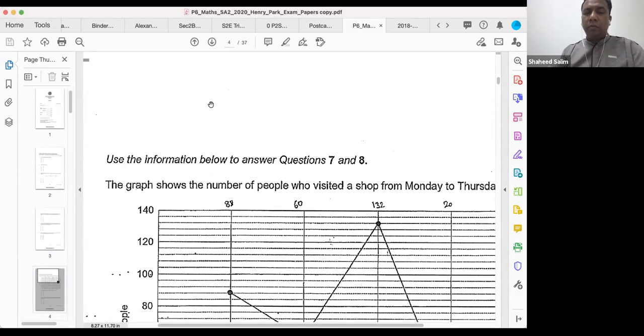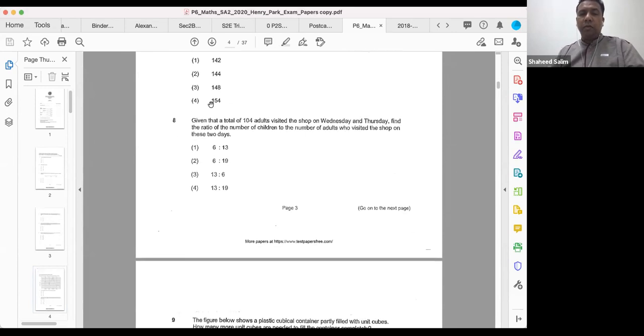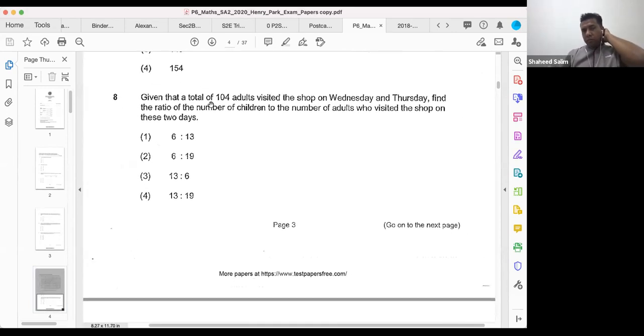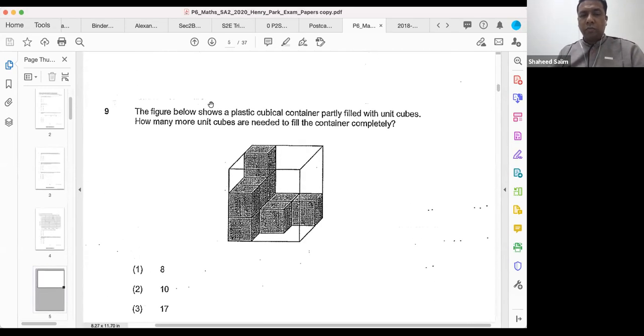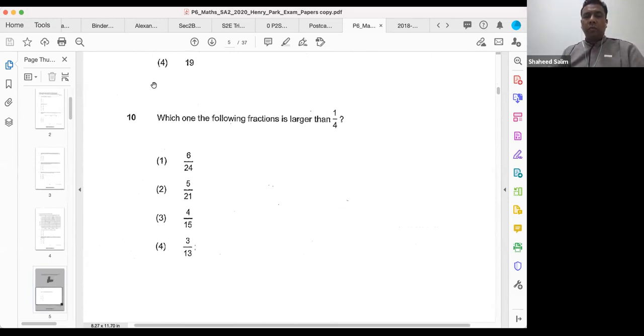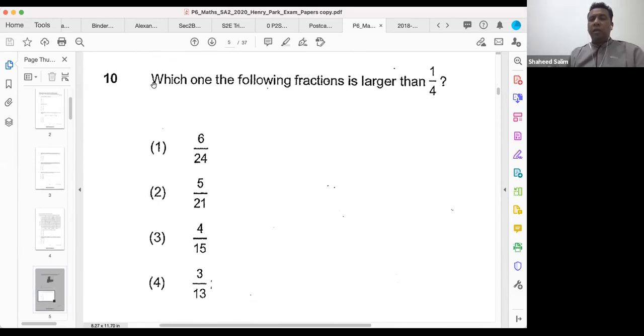Which of the following fractions is larger than 1/4? Which one is larger than 1/4?